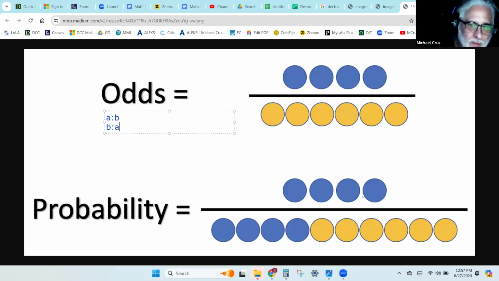But with odds, you can have a larger number on top. So that's why I always write them like that, so I don't mix them up. And then, of course, with probability, it's always a fraction. It can be one if it was the same on the top and bottom.